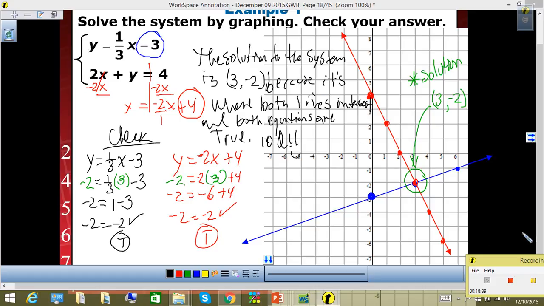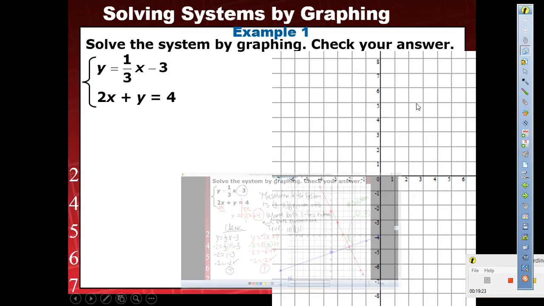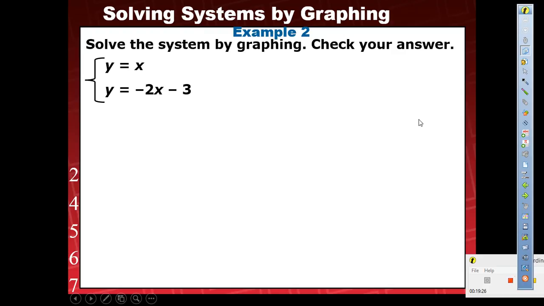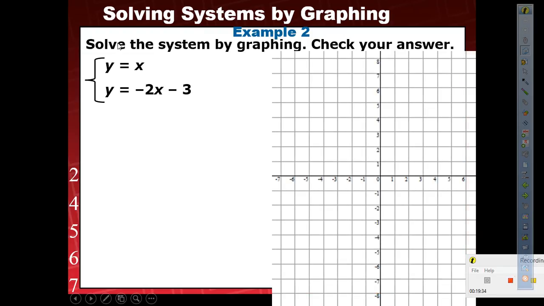Let's do one. I'm going to get you started with the next one. Copy this one, please, and turn the paper over to the medium size. Right now we were in the big one, right? Okay, so copy this one, please. Example 2. You don't have to copy the instructions, you already have them.